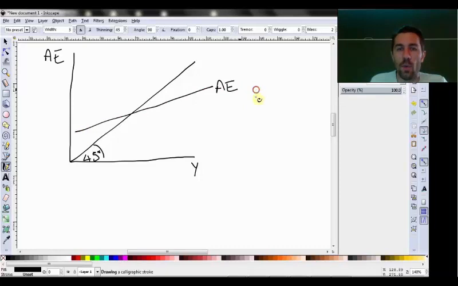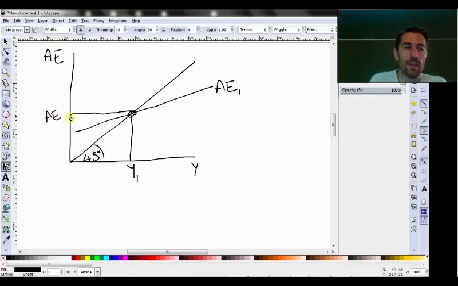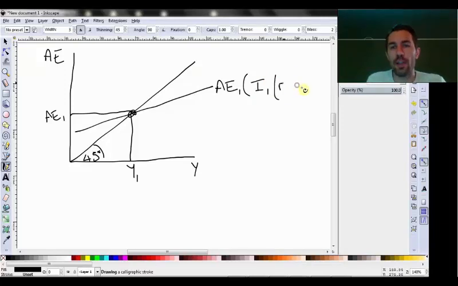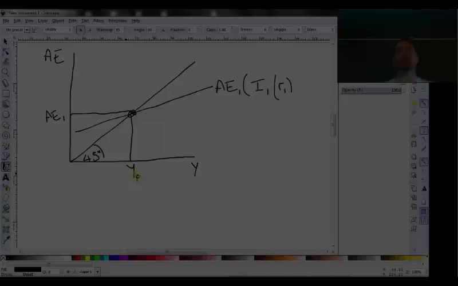And you have an aggregate expenditure function, AE, and we're going to call it whatever you want, but I'm going to call it AE1. And we have some level of output. And we're going to call this Y1, which corresponds to aggregate expenditure level AE1. And AE1 here corresponds to some level of investment, call it investment 1, which is a function of interest rate level R1. Okay?